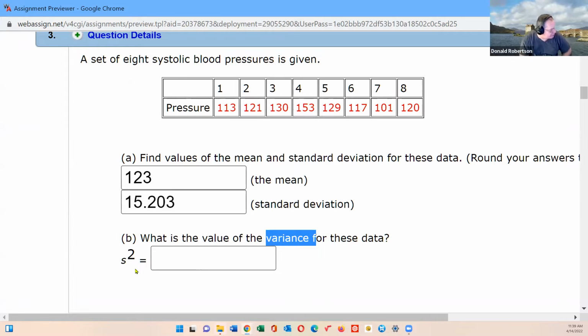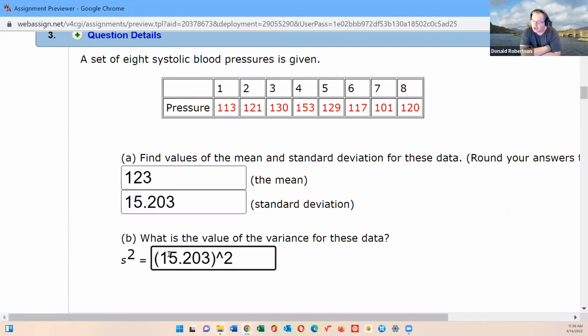And the variance is very often called S squared, which kind of gives you an idea what you're going to do to calculate it. And what you're going to do is take the standard deviation and square it.